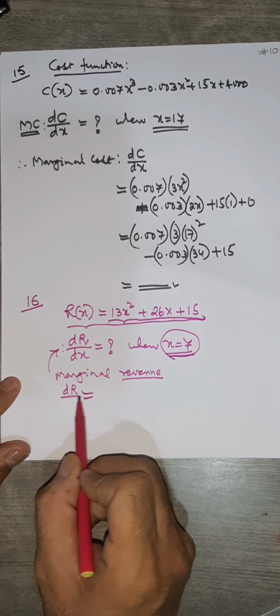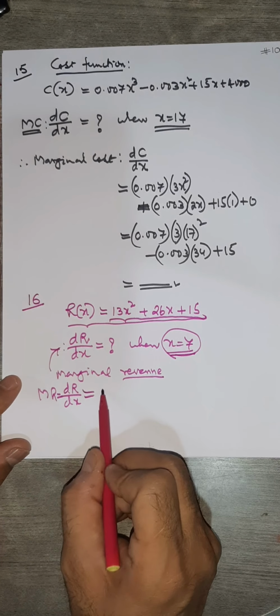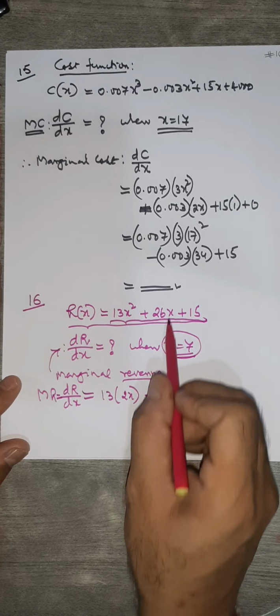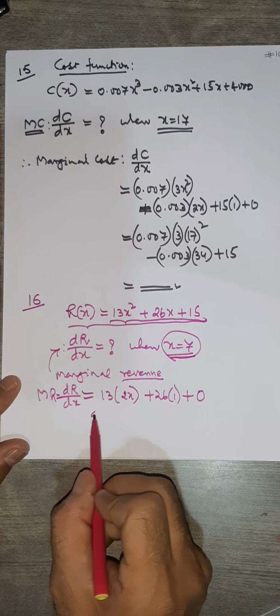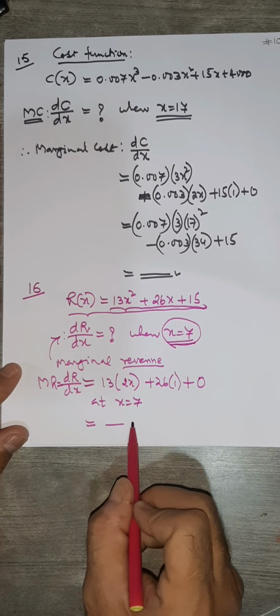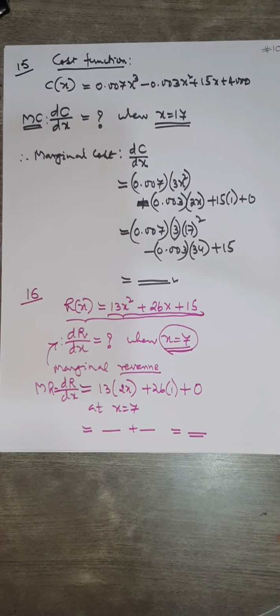So dr by dx, MR, marginal revenue, which is equal to 13 into 2x plus 26 into 1 here plus constant 0. So now at x equals to 7, you just place the value and simplify. So that's the required marginal revenue.